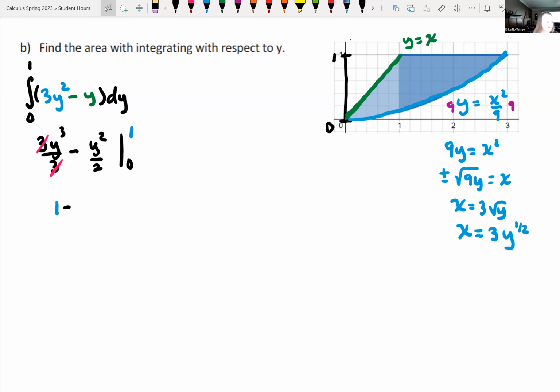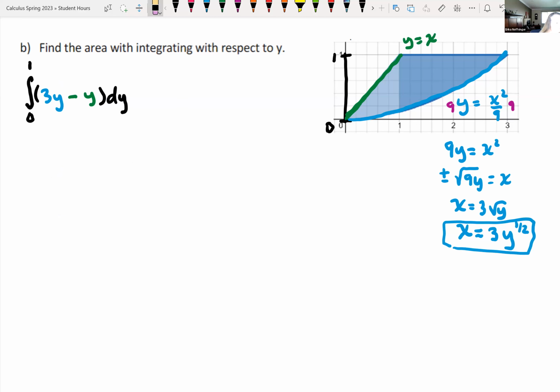Okay, what I did was I didn't copy down what x was correctly. x is equal to 3y to the 1/2 power. So let me just erase this again. Okay, so we're going to add 1 to our exponent.